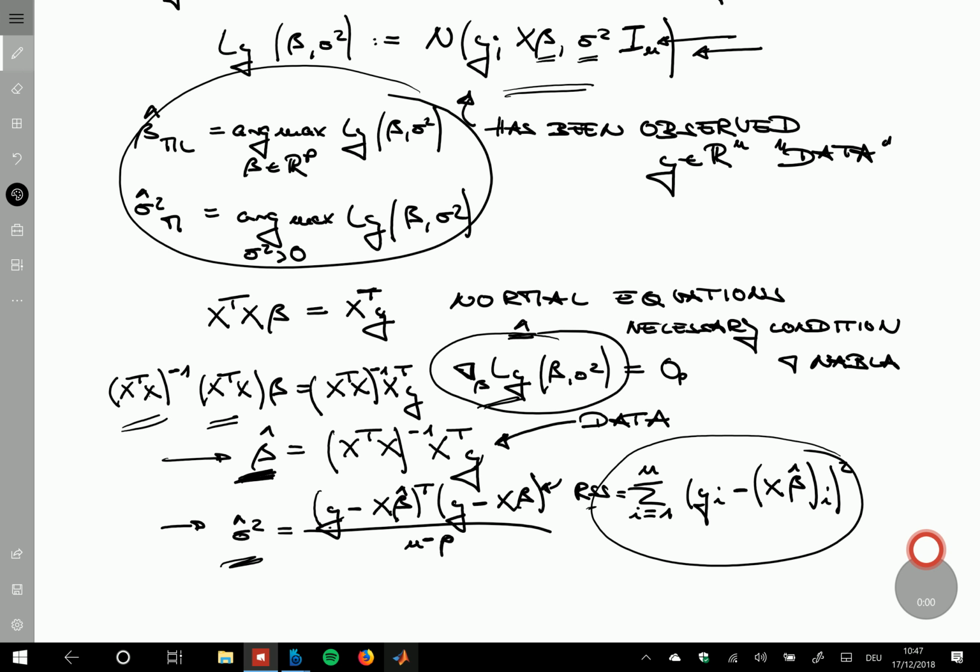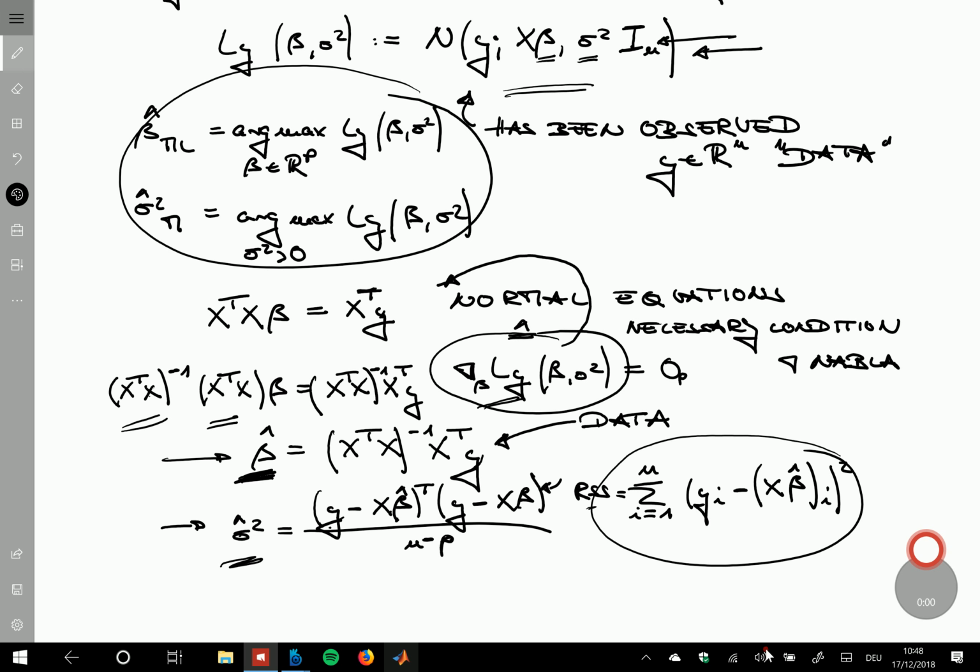The good thing is, if you're happy with how you get from the gradient being 0 to the normal equations, then you basically have an equivalent condition to the condition that the gradient is 0.